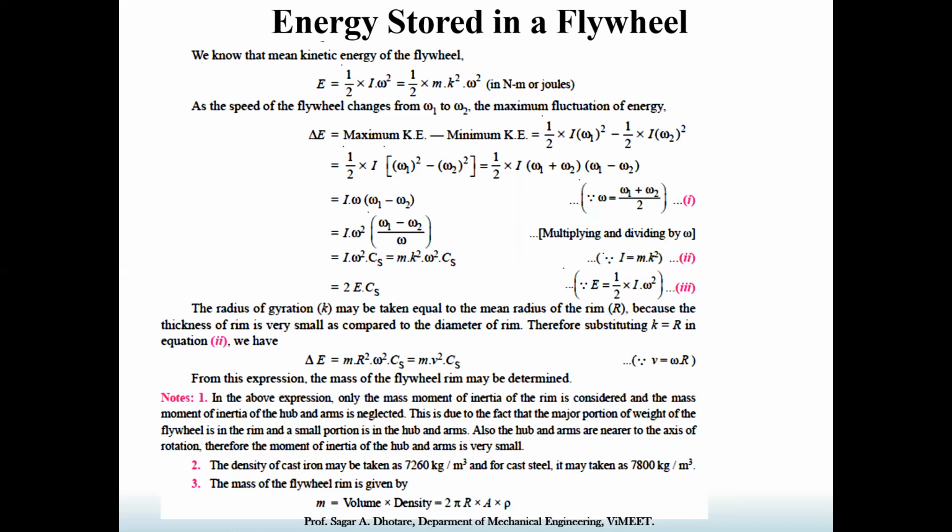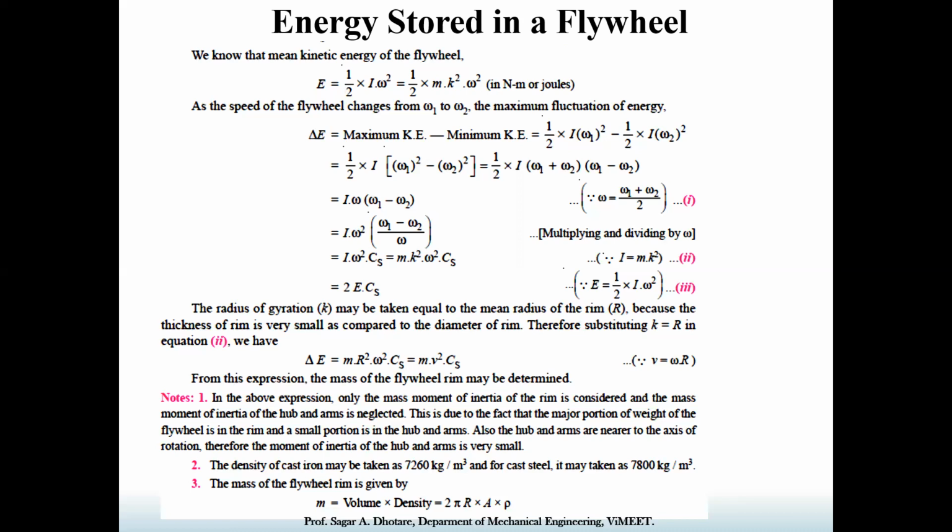So we need to multiply and divide by omega. What we get is the final equation, I omega square into CS. Okay, so it is nothing but twice ES, where E is equal to 1/2 I omega square.